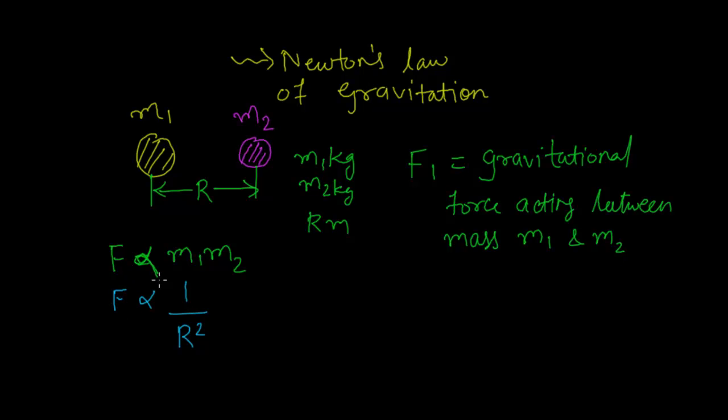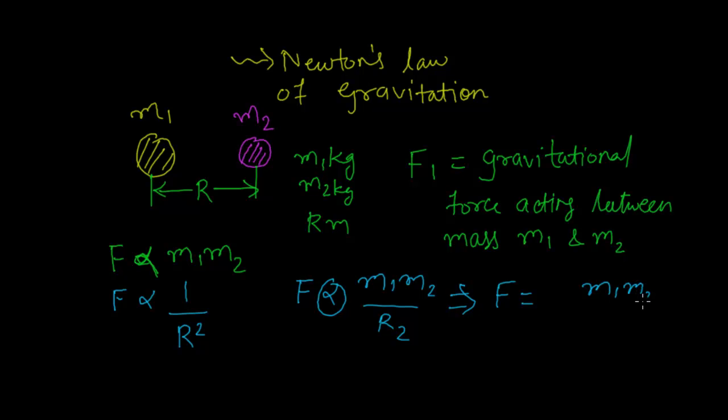Now we can combine these two relations like F is proportional to m1 into m2 upon r square. Now we need to remove this proportionality sign and replace it with an equal to sign. So F is equal to m1 into m2 upon r square. Now we need to add some constant over here.